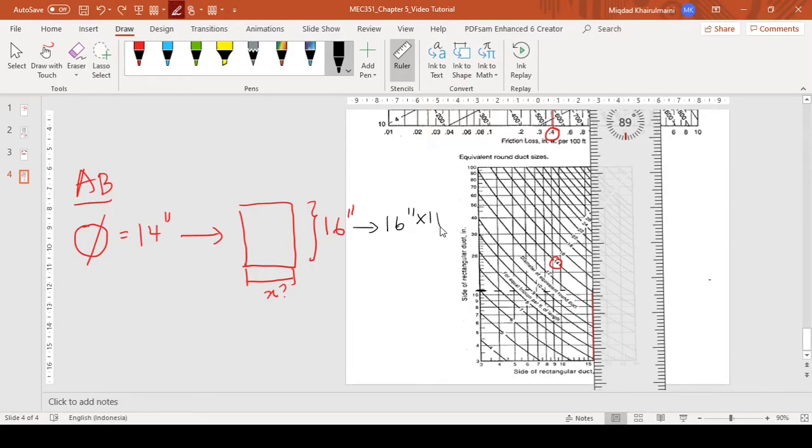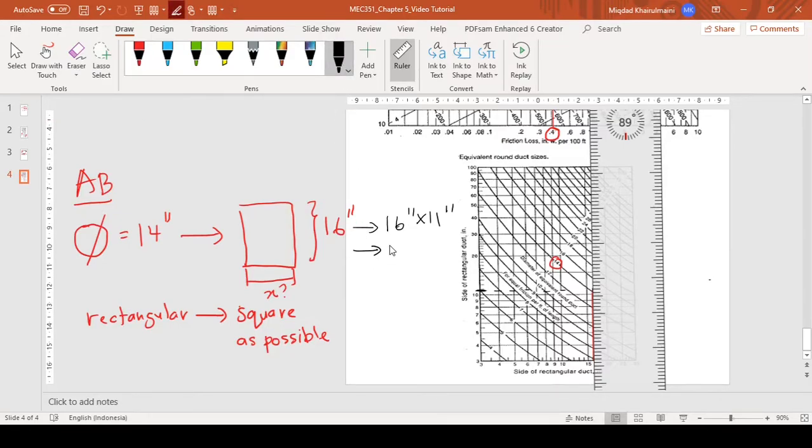But remember that if we want to use rectangular duct, we have to make it as square as possible. So we can adjust the height by reducing the height.